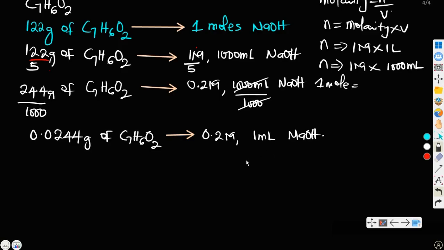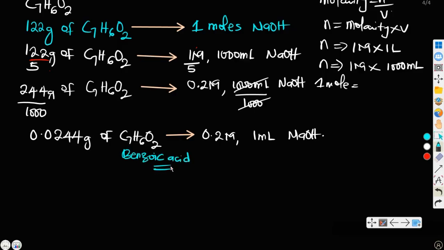Now, the interpretation of this, the common sense idea of this one, is it means for every 1 milliliter of 0.2 molar sodium hydroxide, this is the mass of benzoic acid that reacts. You know this thing here is benzoic acid.